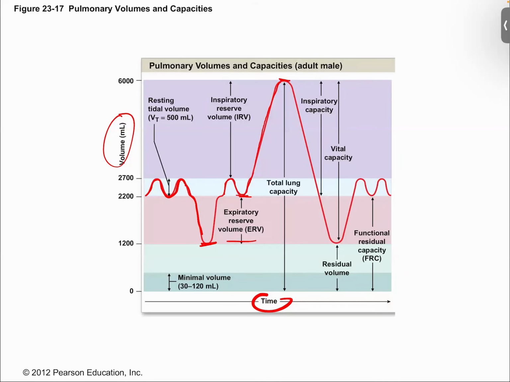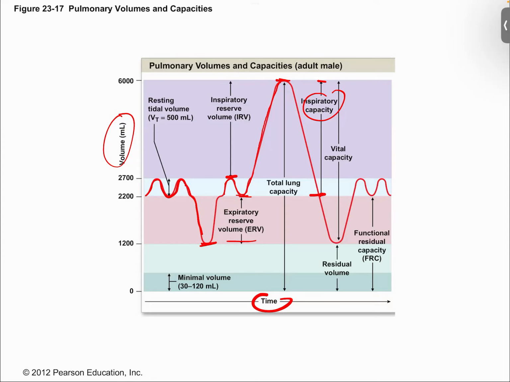That right there is actually your inspiratory capacity. So going from the tidal trough to the peak of your inspiratory reserve is your inspiratory capacity. But from the tidal peak to the inspiratory reserve peak is your inspiratory reserve. Okay. So it's your tidal, and then you go further, you go beyond. There's more there that you can tap into.